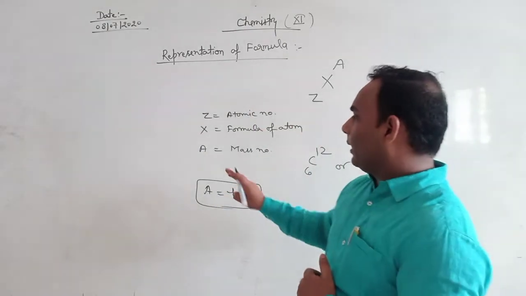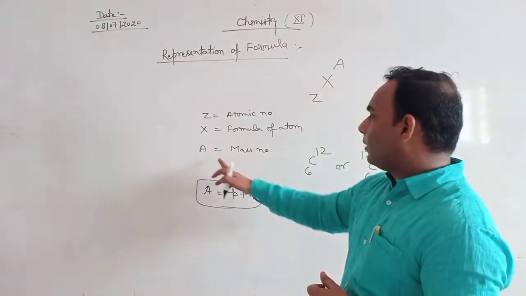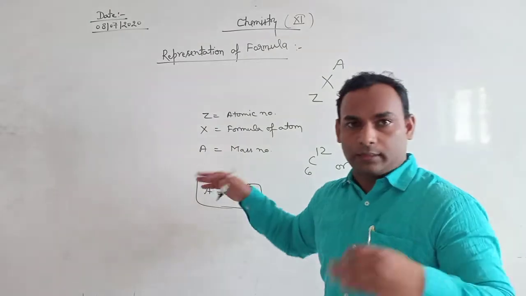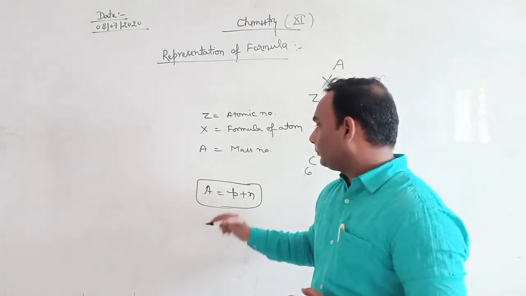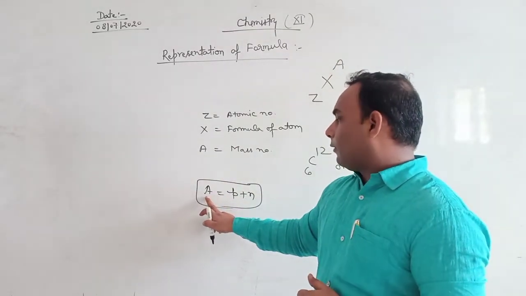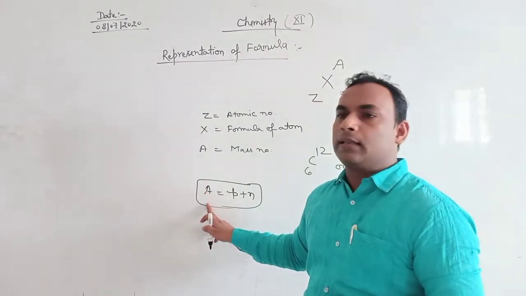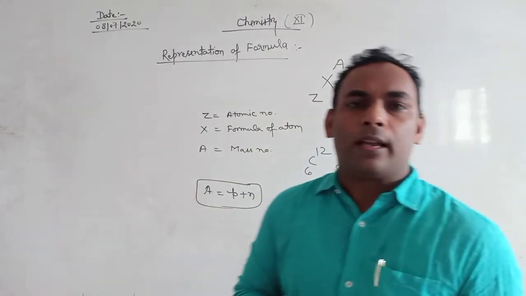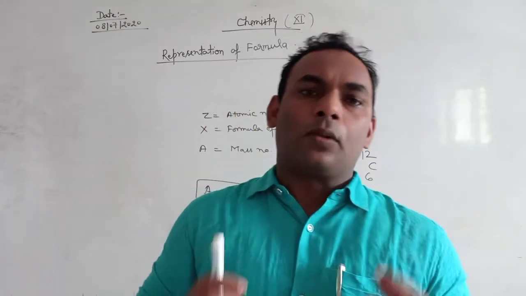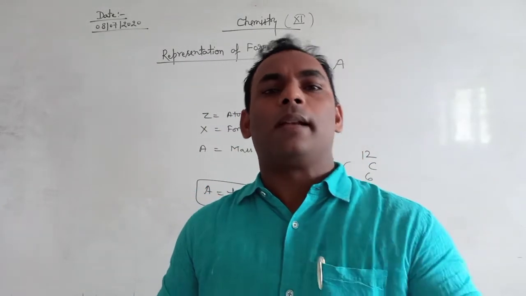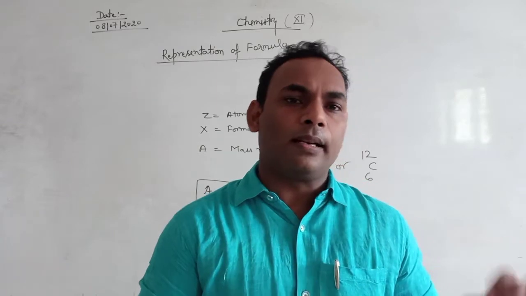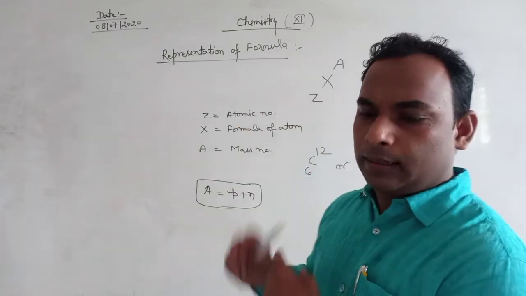This is called mass number. Its formula is A equals P plus N. By using this formula, we can calculate the total number of electrons, protons and neutrons present in any atom. Let's see the example.